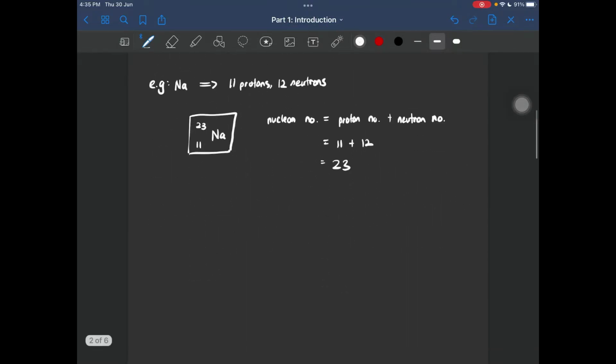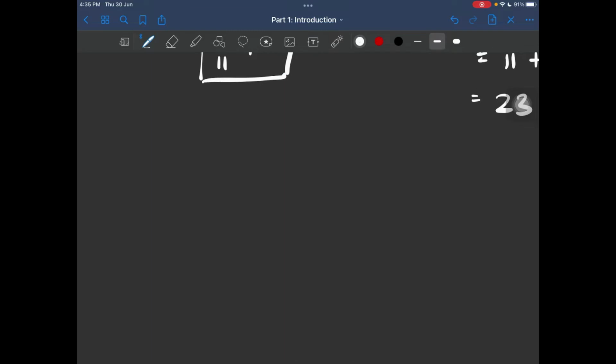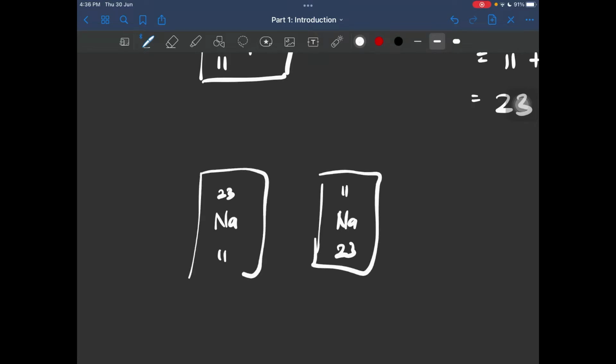However, on certain occasions, you would not follow the standard representation. For example, different periodic tables may place the proton number and nucleon number in different areas. For example, it could write Na 2311 or Na 1123, right? So how would you be able to tell which is the proton number and which is the nucleon number?